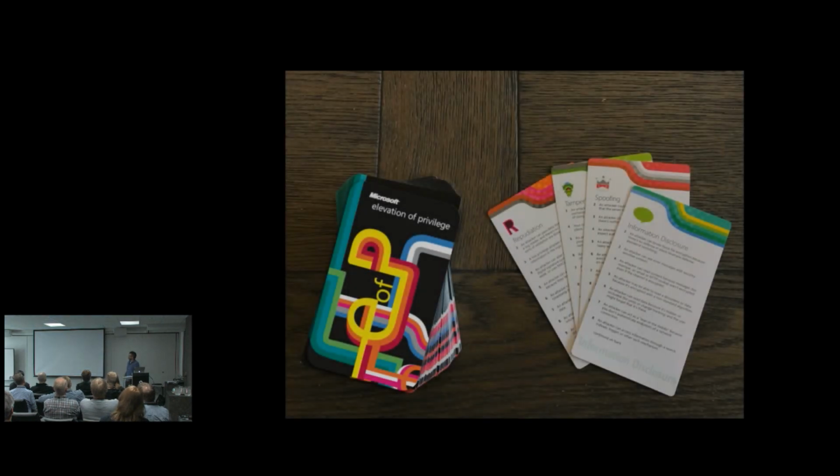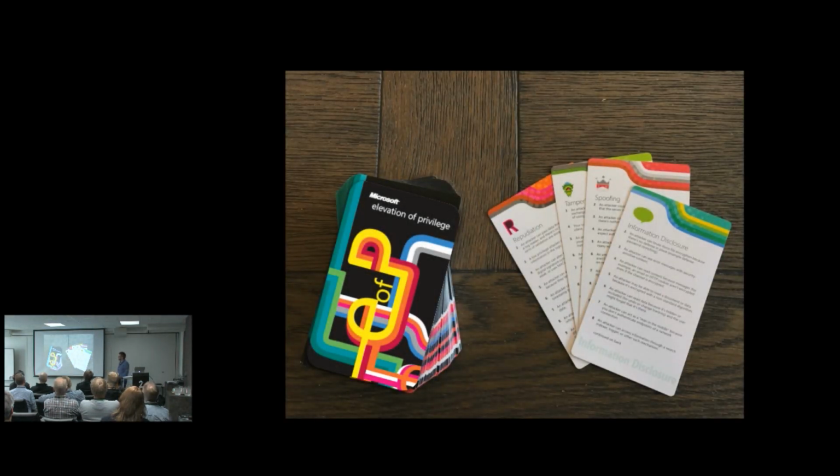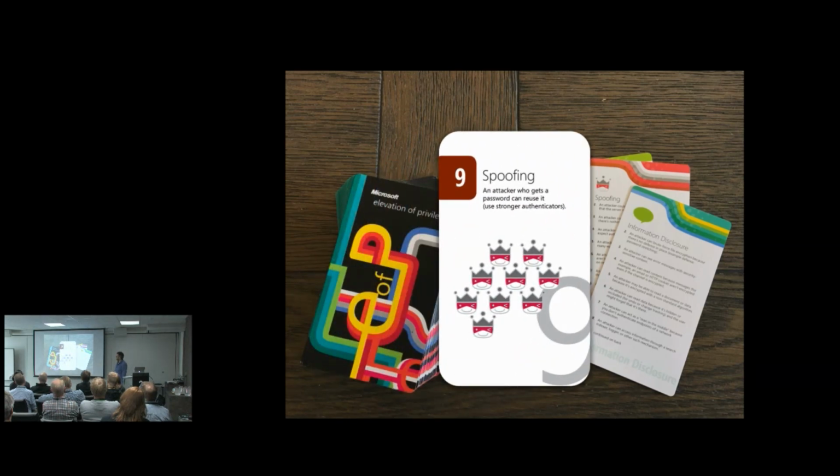Another tool that came out of Microsoft, which is interesting, is a card game. You can play a card in this game if you can find a threat that's relevant to your system. You divide out all the cards, and then you say, I've uncovered the threat such and such, I'm going to play this card, and then you get points.